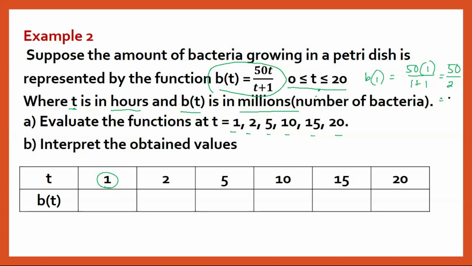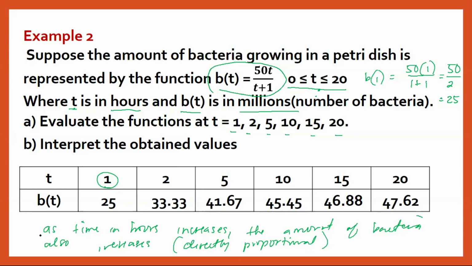Then 50 divided by 2 is 25. Then same procedure, we have this. After completing the table of values, what can you now conclude? Therefore, as time in hours increases, the amount of bacteria also increases. The two variables are directly proportional.